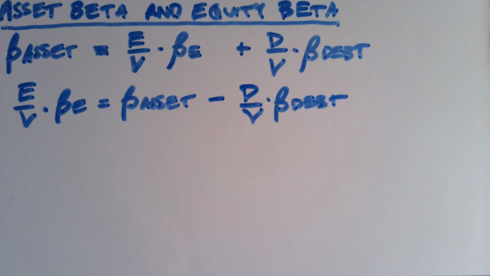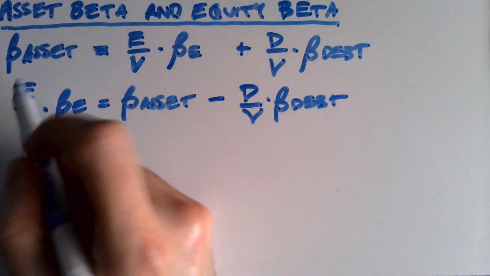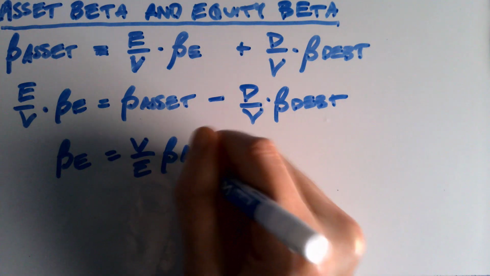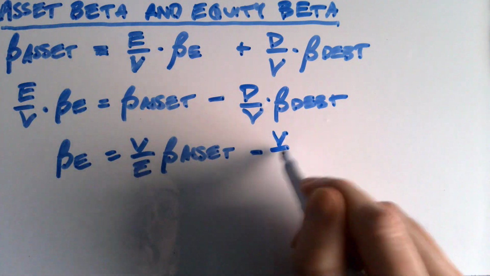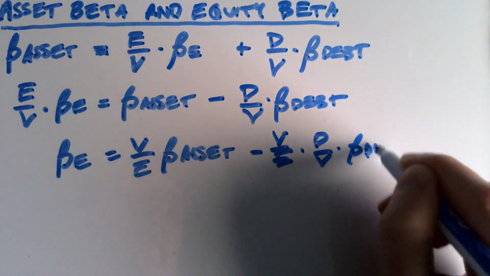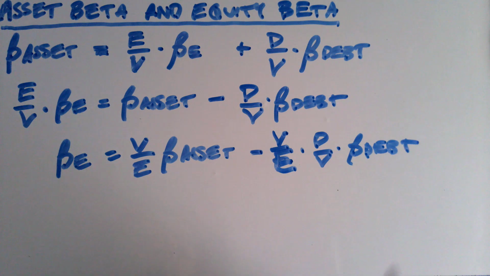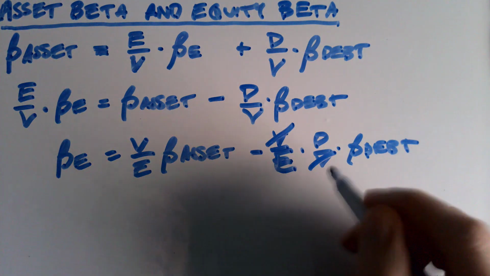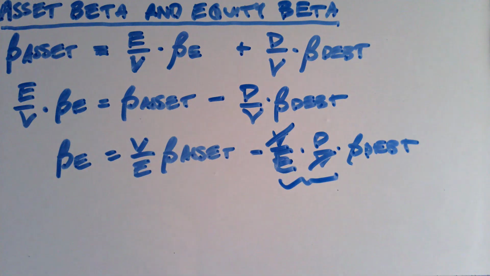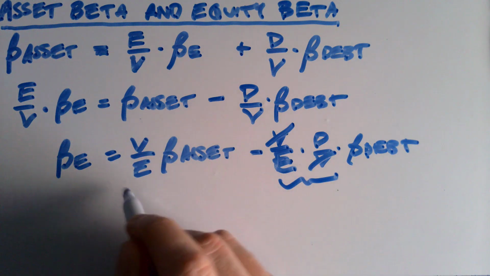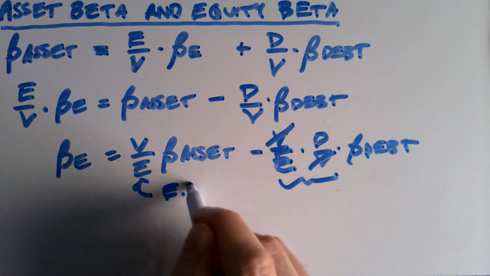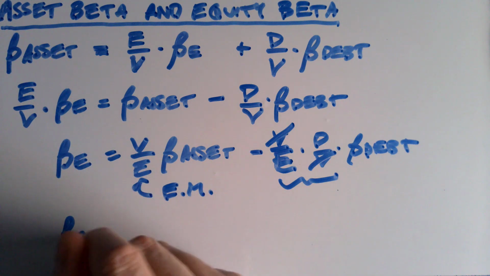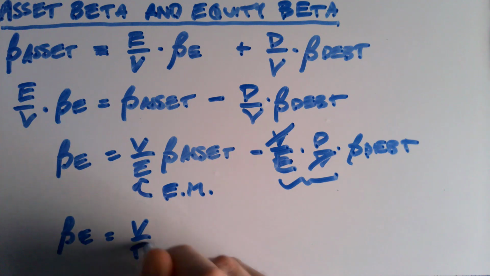Now I need to multiply both sides by V over E to get this to cancel out. Notice that the V's cancel out, and this leaves us with the debt to equity ratio and the equity multiplier, which we've seen before. I can clean this up a bit.